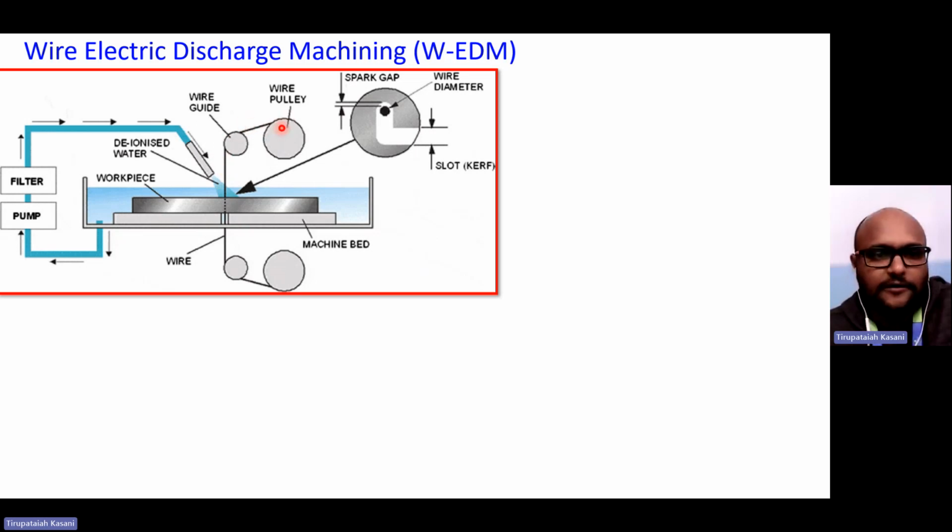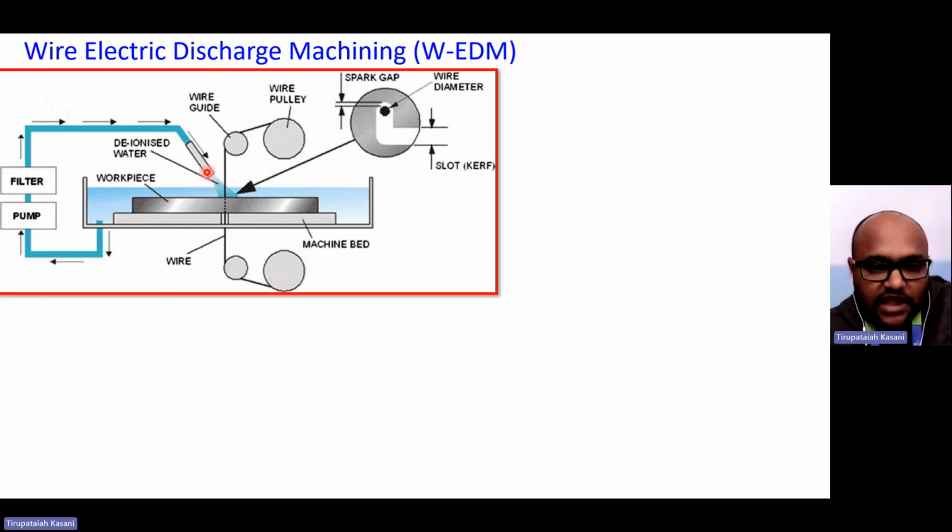That's a different story. Here the tool is in the form of a wire, releasing here and winding here. A continuously moving wire is used as the tool in this wire EDM process.